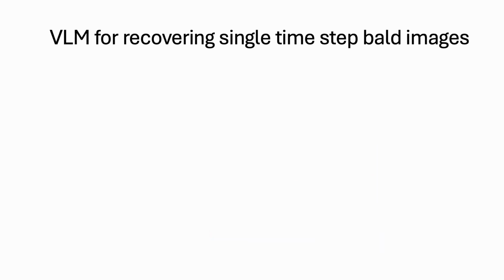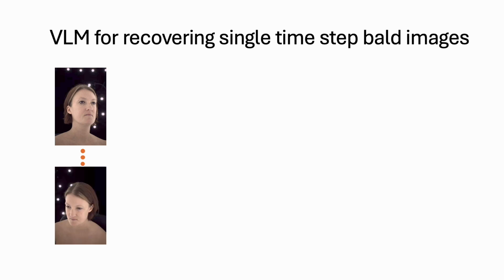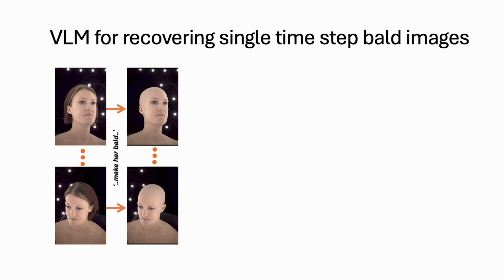To address this, we propose using a vision language model. Specifically, we use NanoBanana's editing capabilities to remove hair from the training images. However, the outputs of the model are not always multi-view consistent and are costly to query for every expression. Therefore, we optimize an appearance proxy for the missing regions. We query the visual language model for one frame and optimize a single texture of FLAME using a differentiable rasterizer.